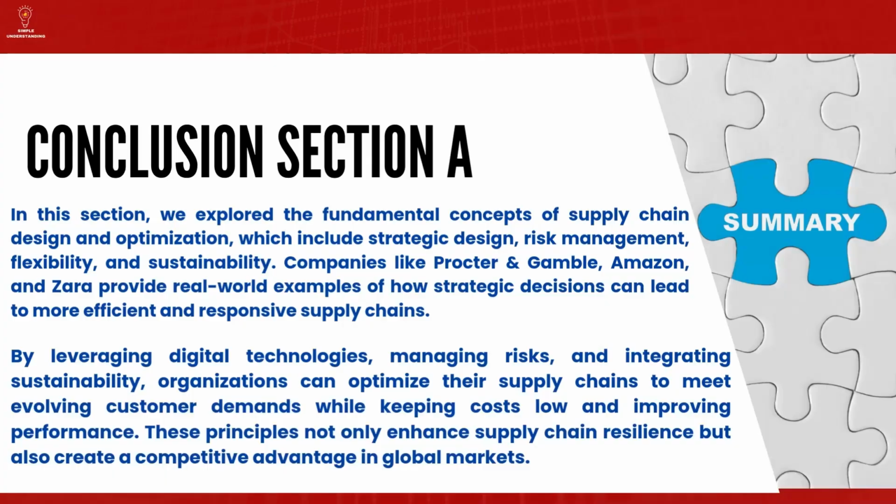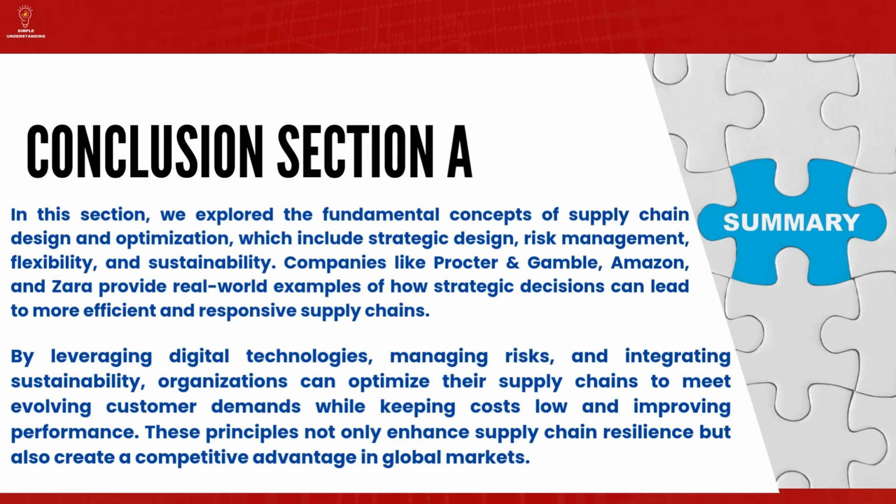Summary: In this section, we explored the fundamental concepts of supply chain design and optimization, which include strategic design, risk management, flexibility, and sustainability. Companies like Procter & Gamble, Amazon, and Zara provide real-world examples of how strategic decisions can lead to more efficient and responsive supply chains.